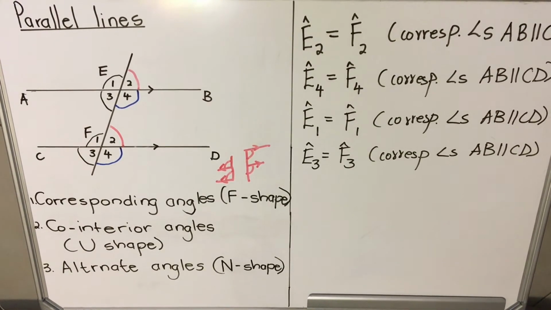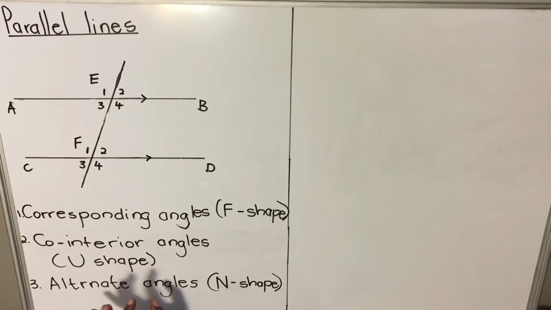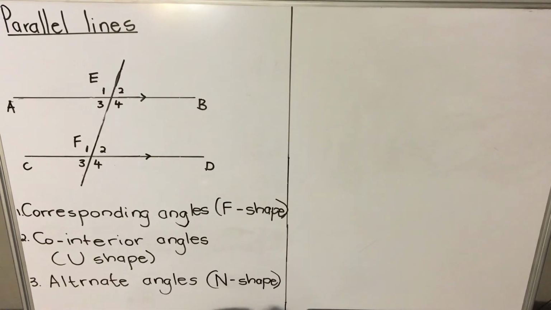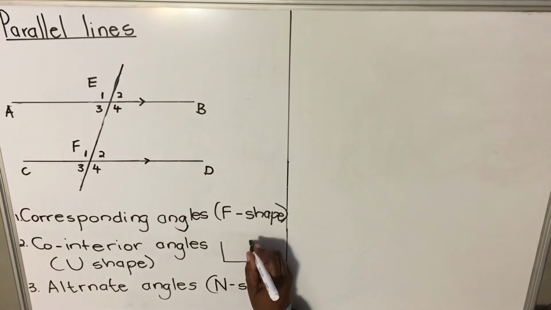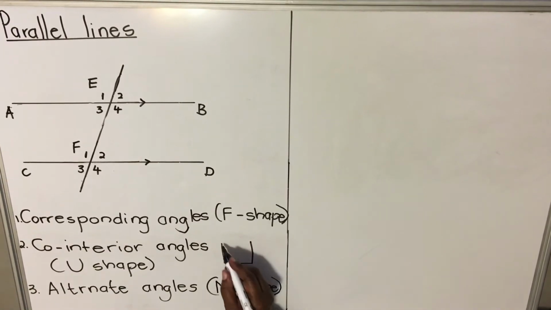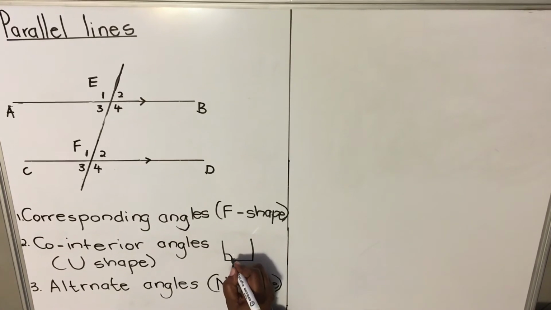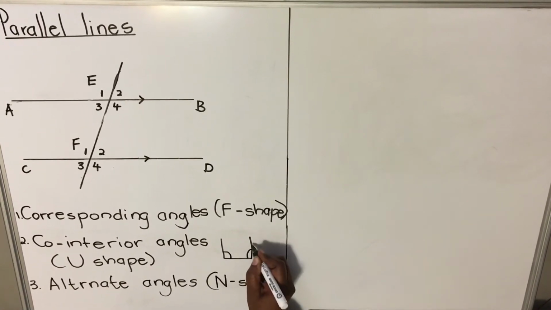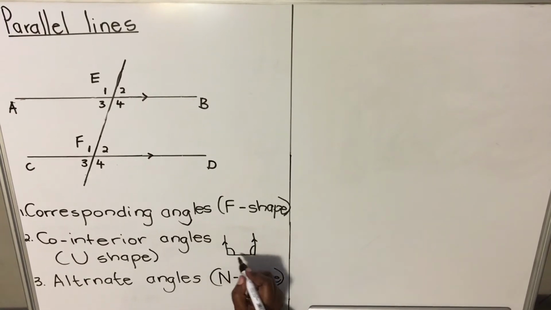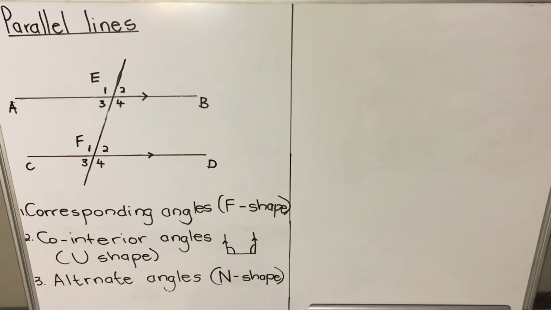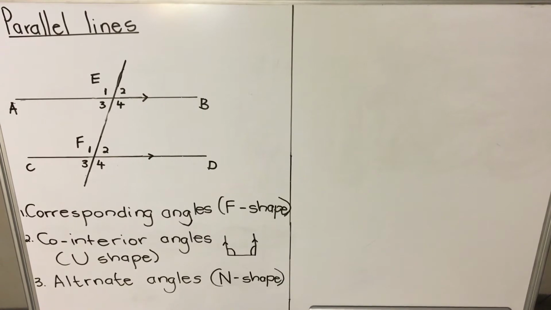Let's go to the second one, the co-interior angles. The second thing that you get when you have parallel lines is co-interior angles. Interior means inside. It is the shape U, but the U is a four-cornered U, not round like that. These angles that are inside the parallel lines, this line and that line being parallel, are very important: they are not equal.